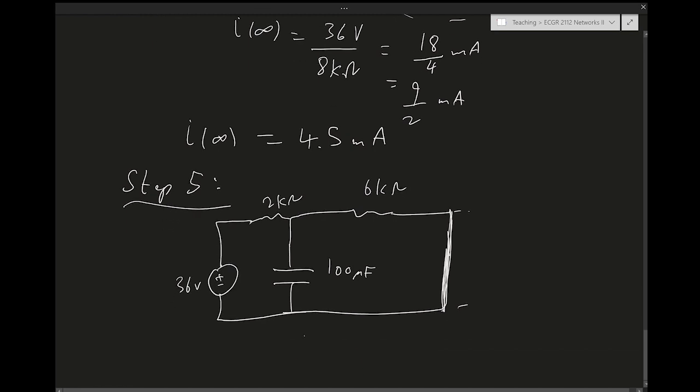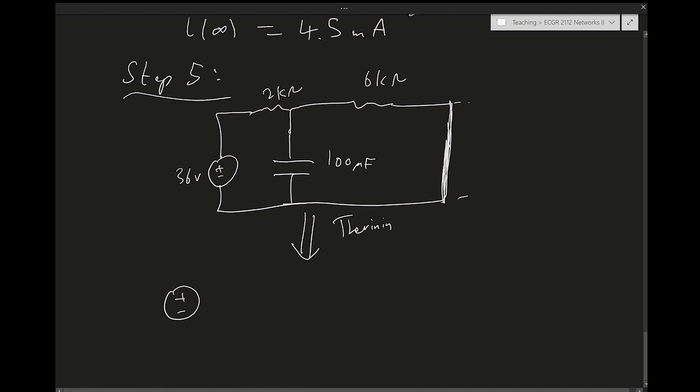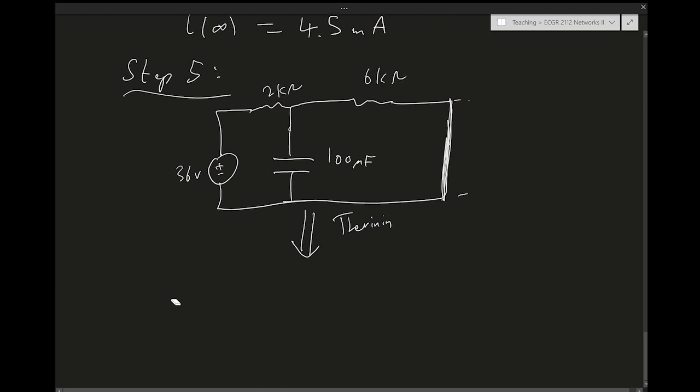I want to find the Thevenin equivalent of this. And you know how to find the Thevenin equivalent, right? You first find the open circuit voltage. Well, we don't need the open circuit voltage here. This is the Thevenin equivalent, V Thevenin, R Thevenin, and this is C, of course. All I need to calculate is R Thevenin, because the time constant has no use for V Thevenin.